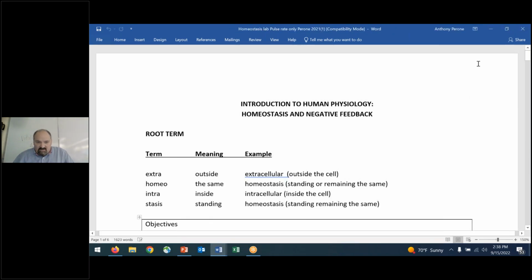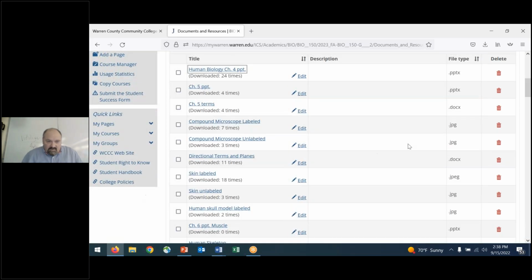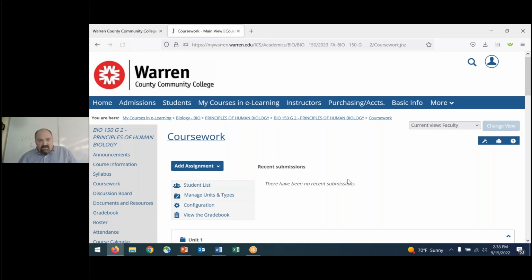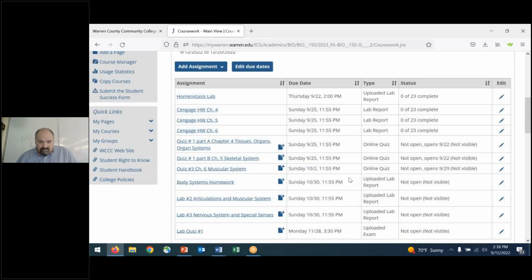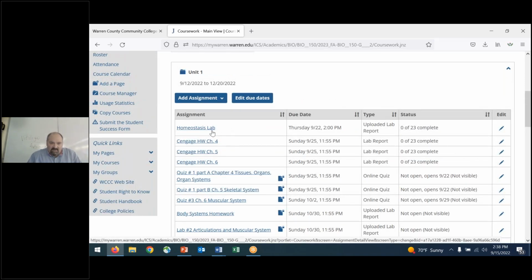Let me just make sure that I come back to here in just a moment. I'm in coursework here. Folks that are online, I've posted the homeostasis lab. You can see that right there, and you'll click on that. The lab safety, give me a few minutes and I'll post that when I'm done talking to everyone.